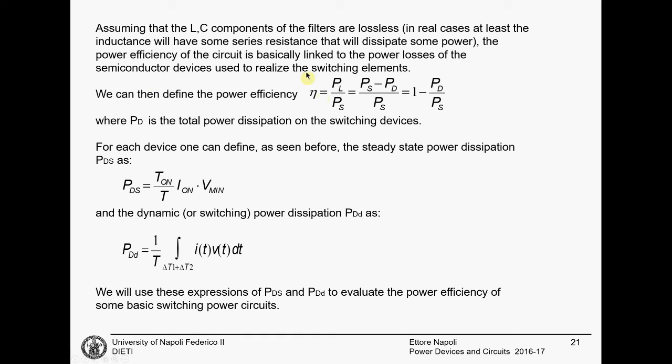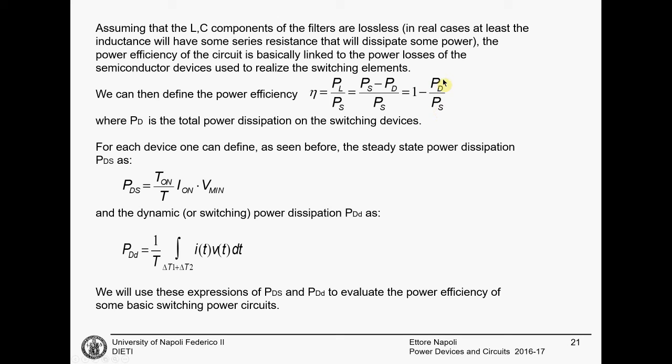The power efficiency can be then defined as eta, the ratio between the power given to the load and the power taken from the power supply. That can be written again as power taken from the source minus the power dissipated on the power devices, divided by PS. That is also 1 minus PD divided by PS.